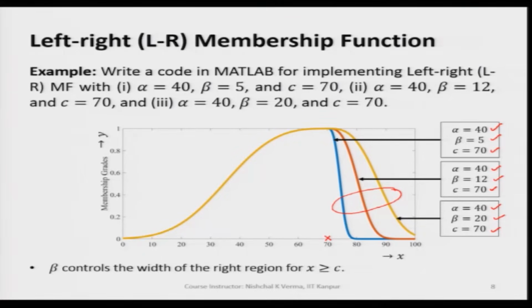So, this way we can control the shape of the left right membership function by changing alpha, beta and C suitably.